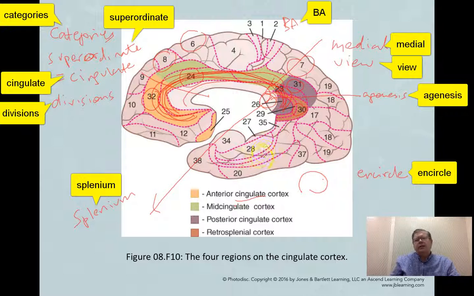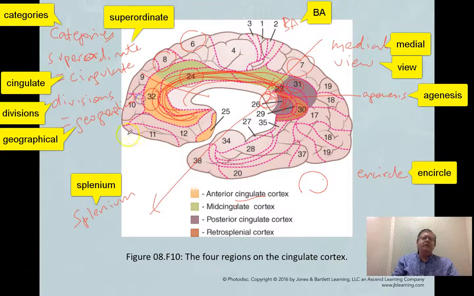But I digress, because the name retrosplenial simply refers to its location relative to the corpus callosum and the splenium of the corpus callosum. So the divisions of the cingulate are nothing more than different geographical locations: front, middle, back. So in some sense they're simply arbitrary. They're not tied to any particular function as far as we know yet.